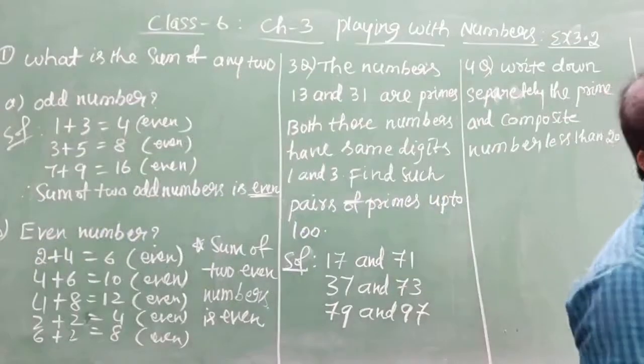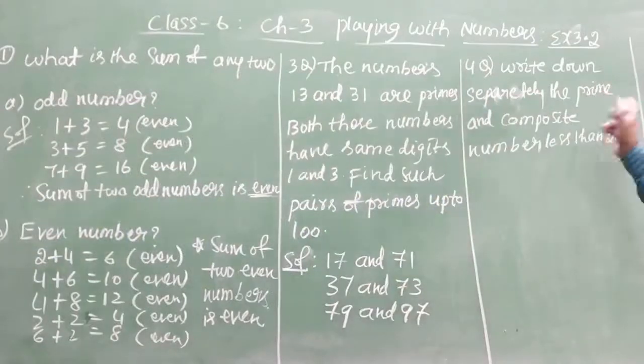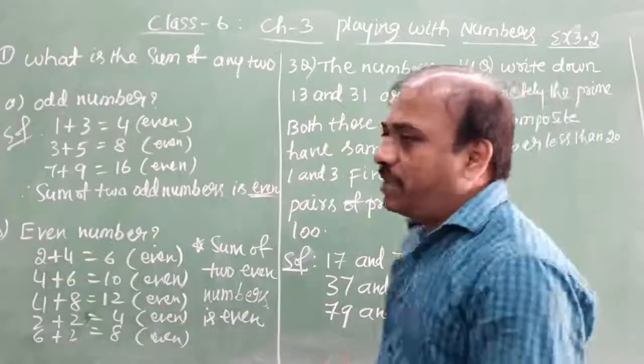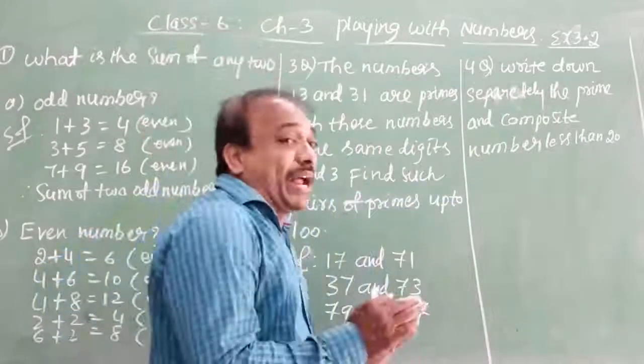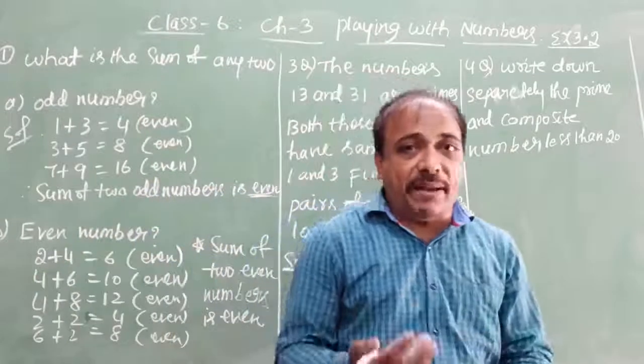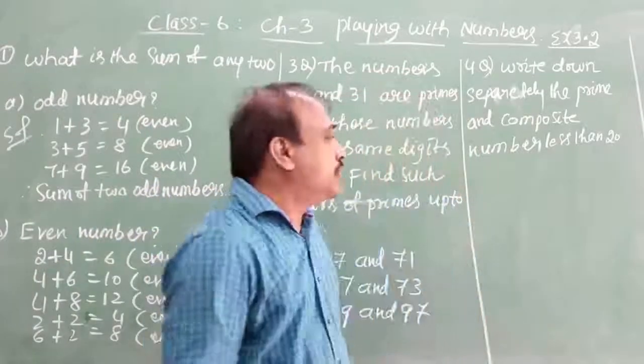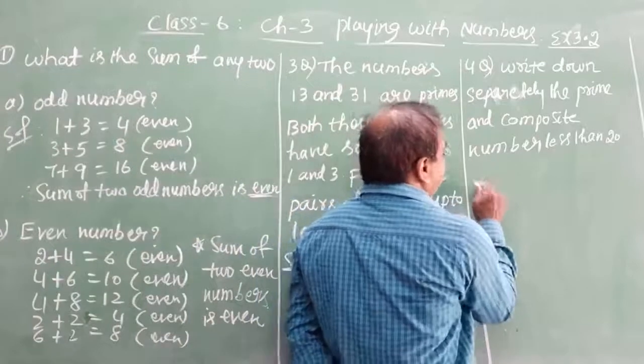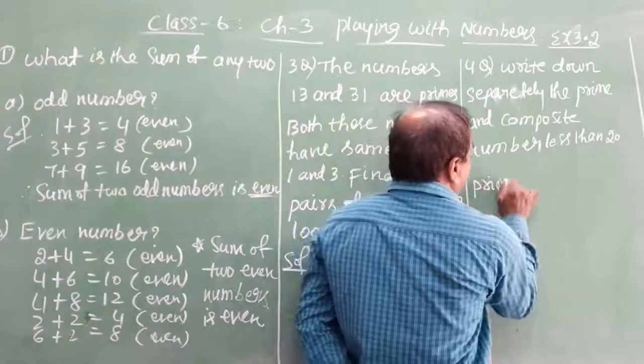Write down separately the prime and composite numbers less than 20. Less than 20 you have to identify prime numbers and composite numbers. So 1 is a unique number, it's neither a prime nor a composite.